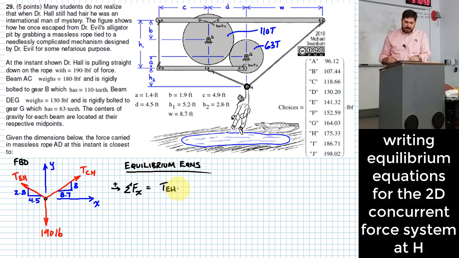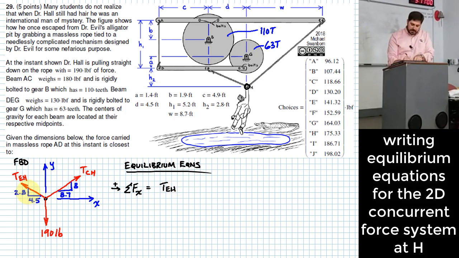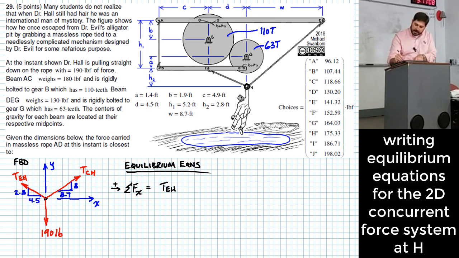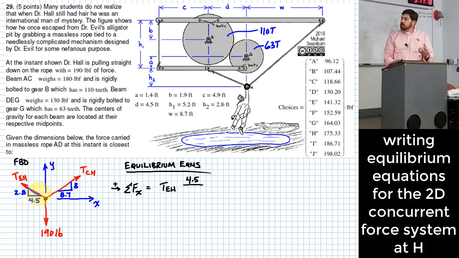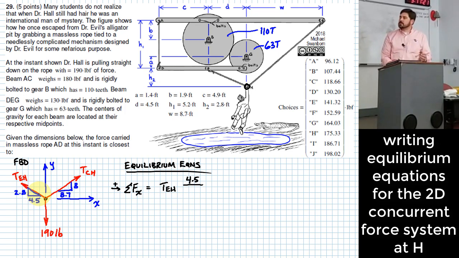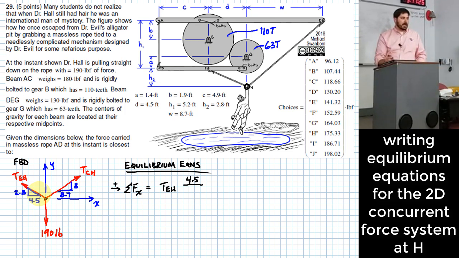The quickest way to do that, and a lot of you might want to find an angle and then take a trig function of that angle. You can do that, there's no problem with that, but there's a quicker way. The quicker way is to understand that this is a little triangle right here, where if I take the horizontal component there, 4.5, put that in a numerator, and divide it by essentially the little hypotenuse of that triangle, that gives me the same thing as taking the cosine of the angle that force is applied at.